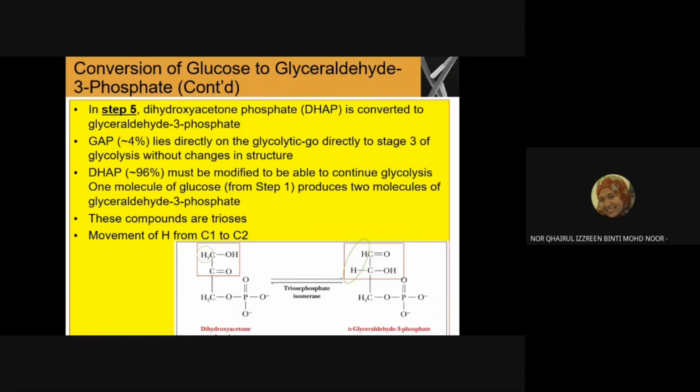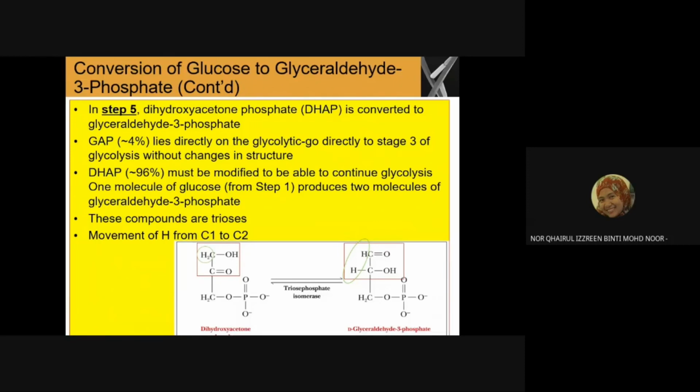DHAP must be modified to continue glycolysis. However, you must understand that fructose 1,6-bisphosphate is mostly split into DHAP, about 96%, and only about 4% into GAP.